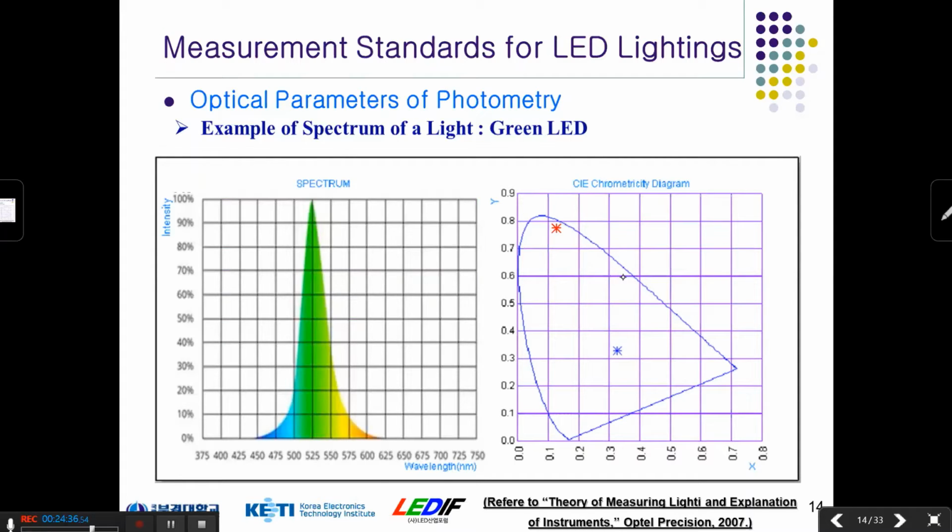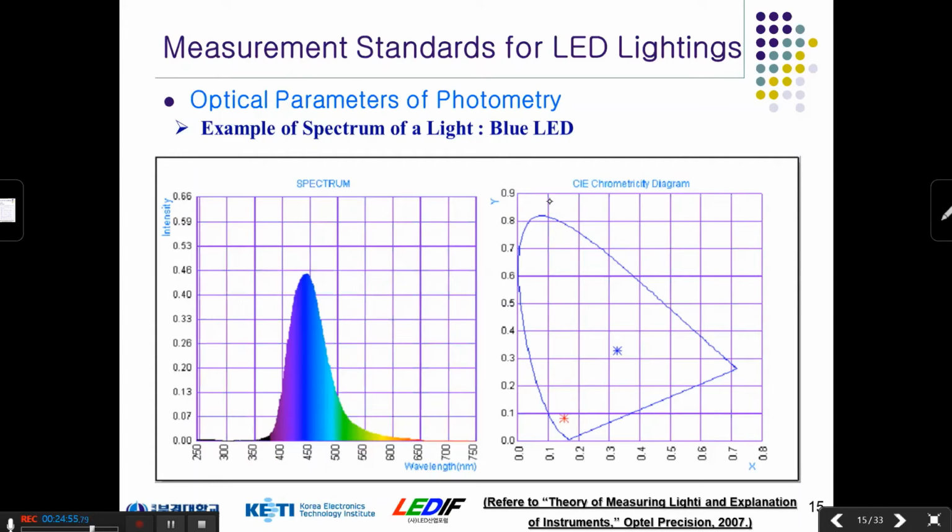This is a green LED spectrum peaked at 525 nanometer, and the location on the CIE chromaticity diagram is around here. This is a blue LED spectrum peaked around 450 nanometer, and the location on the CIE 1931 chromaticity diagram is here.